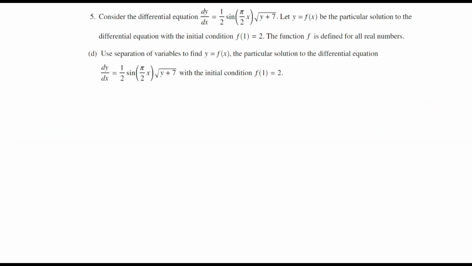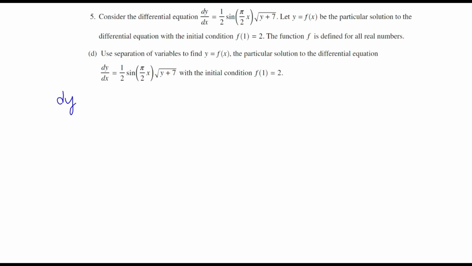And for our last part here, we've got the exceptionally common use of separation of variables to solve this differential equation with the particular condition that f of 1 is 2. And so they don't always tell you to use separation of variables, but that's pretty much what you always need to use. So we'll do that.